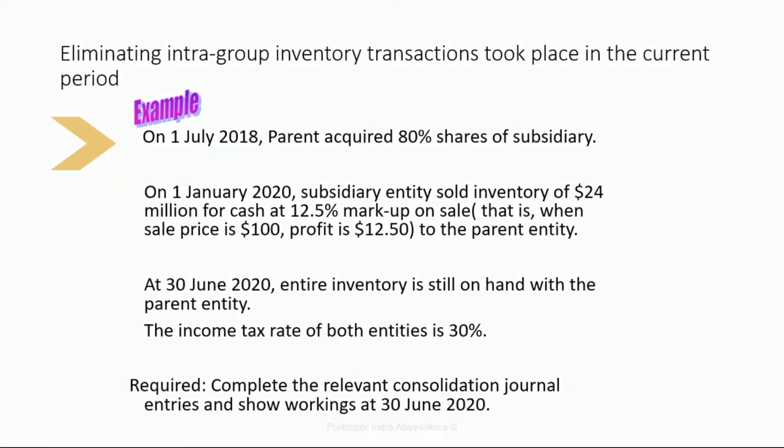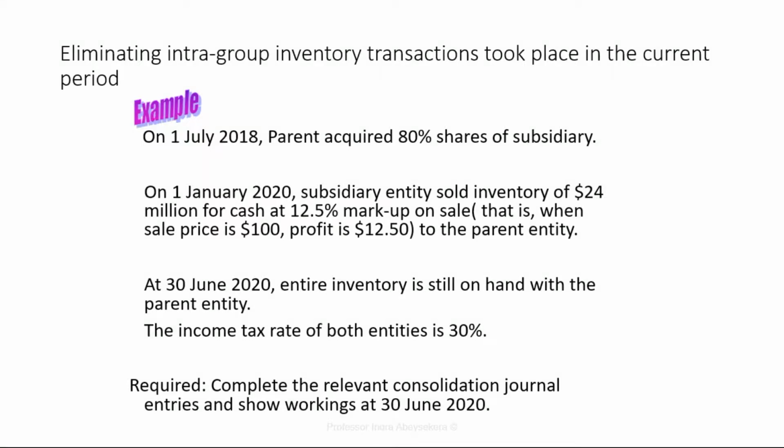On 1st of July 2018, parent acquired 80% of shares of the subsidiary. And on 1st of January 2020, subsidiary sold inventory of 24 million for cash with a markup to the parent entity.